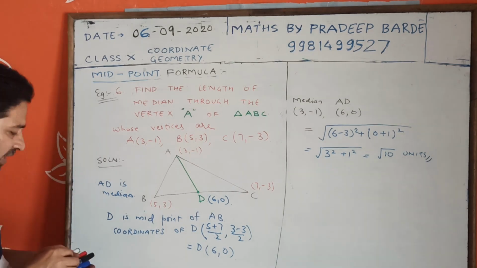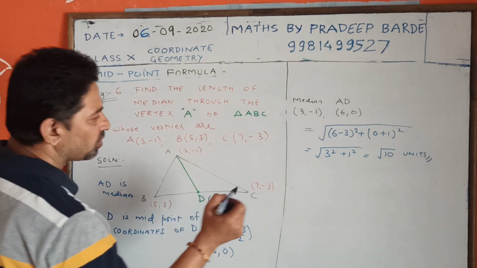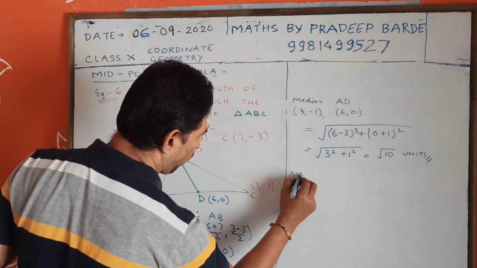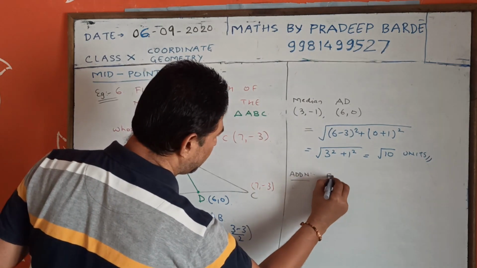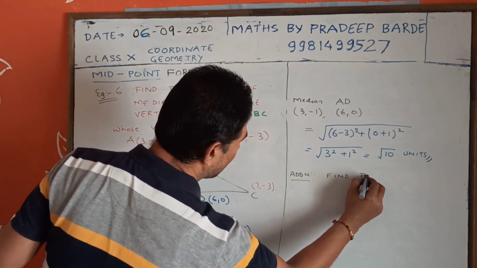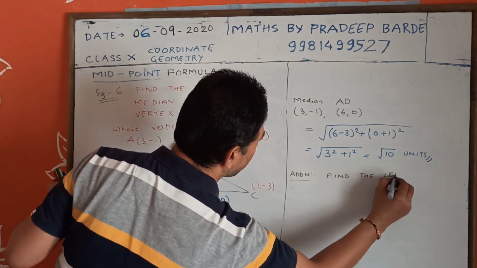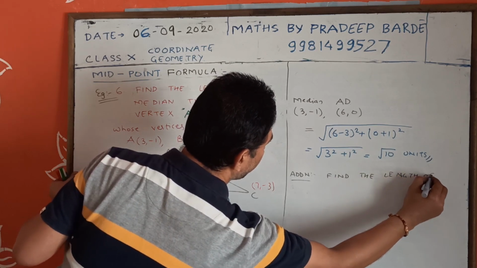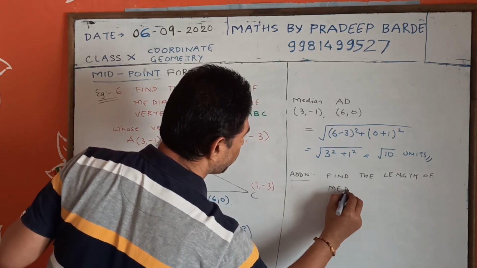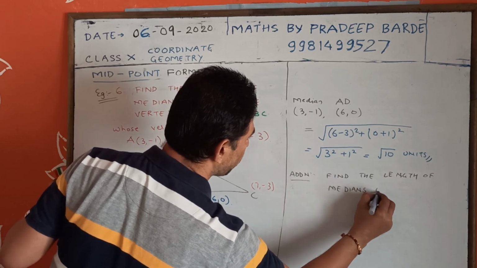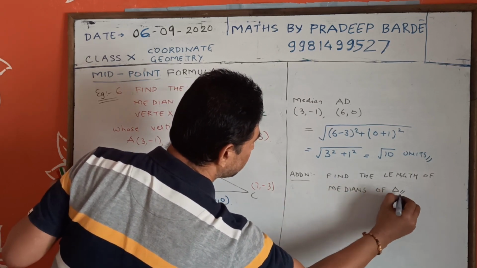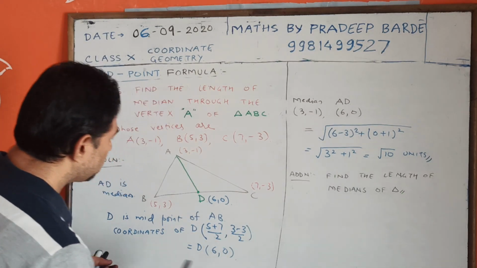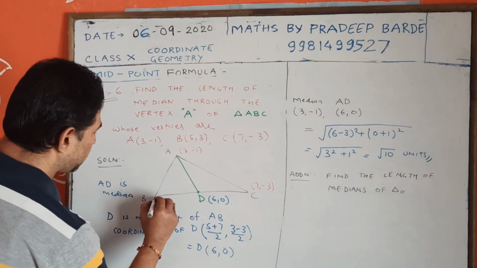हो सकता है कि आपको ये कहा जाए, find the length of medians of the triangle. तो बच्चे जब मीडियंस ऑफ ट्राइंगल बोला है तो यहां पे आपके पास तीनों मीडियंस आ जाएंगे.